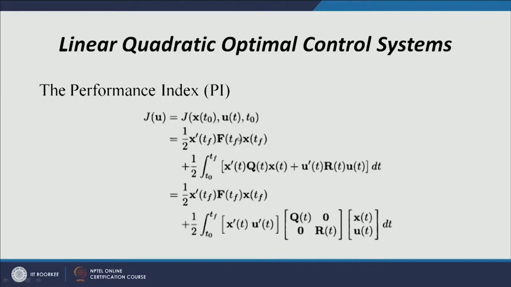I am trying to minimize the terminal cost and the error, because my final destination is 0. So each state at any given instant represents the error, and with u prime R u I am trying to minimize the control effort.